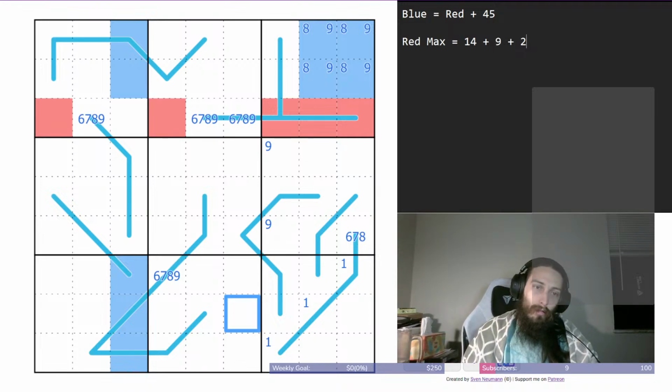Yeah, I think looking at red, to maximize it, I put the minimum possible value in here as a 1, and these as 6, 7, and 8.